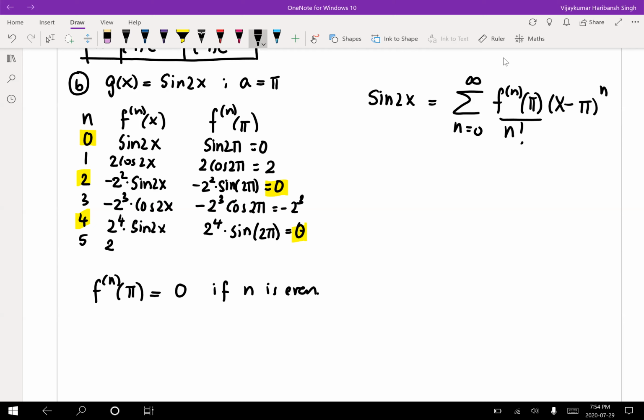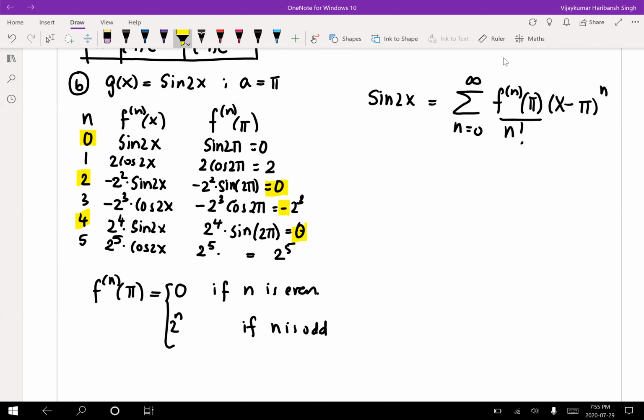And let me finish this as well. So 2 to the power 5 cos of 2x, and this is going to be 2 to the 5 times cos of 2 pi, so that's going to be 2 to the power 5. And if n is odd, you're getting 2 to the n for sure, but you're getting the sign plus, then minus, plus, minus, plus.